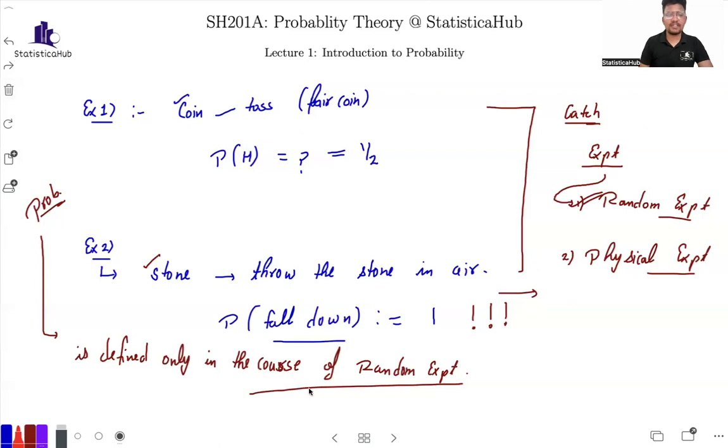So the first thing that we can observe over here is gravity. This stone is coming back to the earth due to the gravitational pull by the earth. So this is some sort of physical experiment. On the physical experiment, I don't have any kind of control. I'm not designing anything. That is the first concept that we have to understand, that in the course of physical experiments, we don't discuss probability.